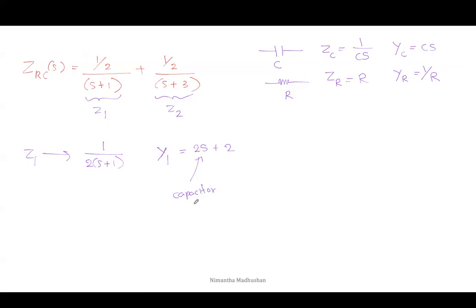The value is 2. And if we consider this admittance part, there are no s terms, so it will be a resistor and the value will be 1 over 2.